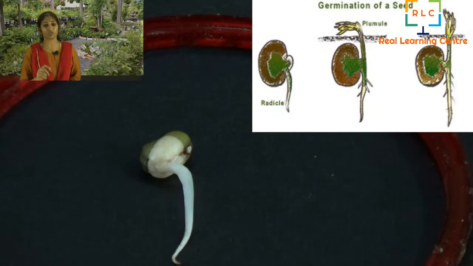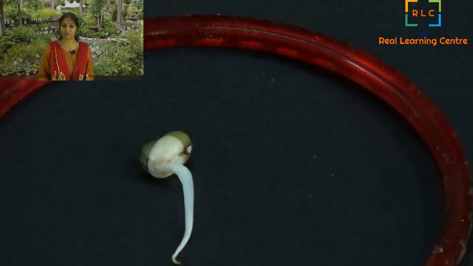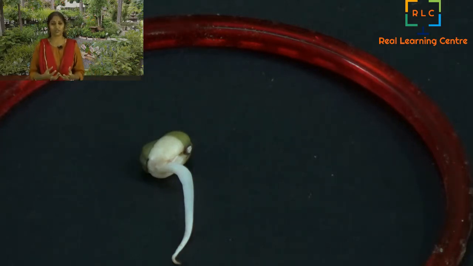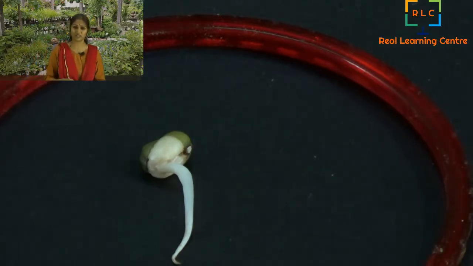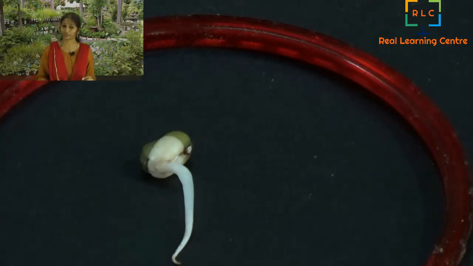Now plumule grows into shoot. The root and the shoot do not grow simultaneously. Always the radicle grows longer, gives rise to the root first, and after some time, when the root has gone deep inside the soil and has grown enough to absorb all the nutrients, the plumule grows into the shoot.